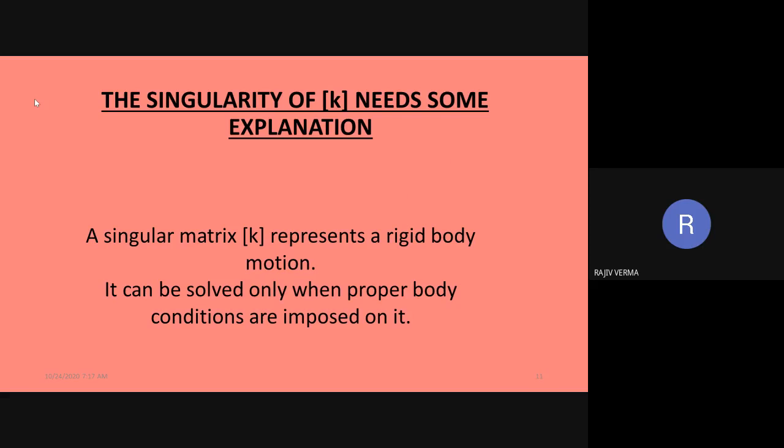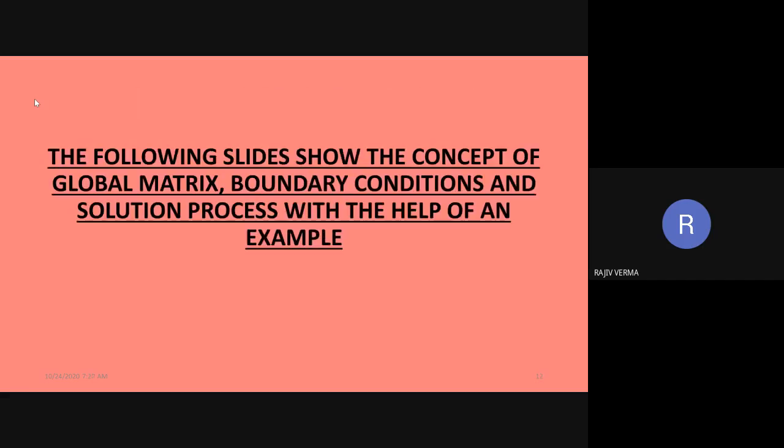It can be solved only when proper boundary conditions are imposed on it. In the following slide, we are going to develop the concept of global matrix, boundary conditions, and the solution process with the help of an example.